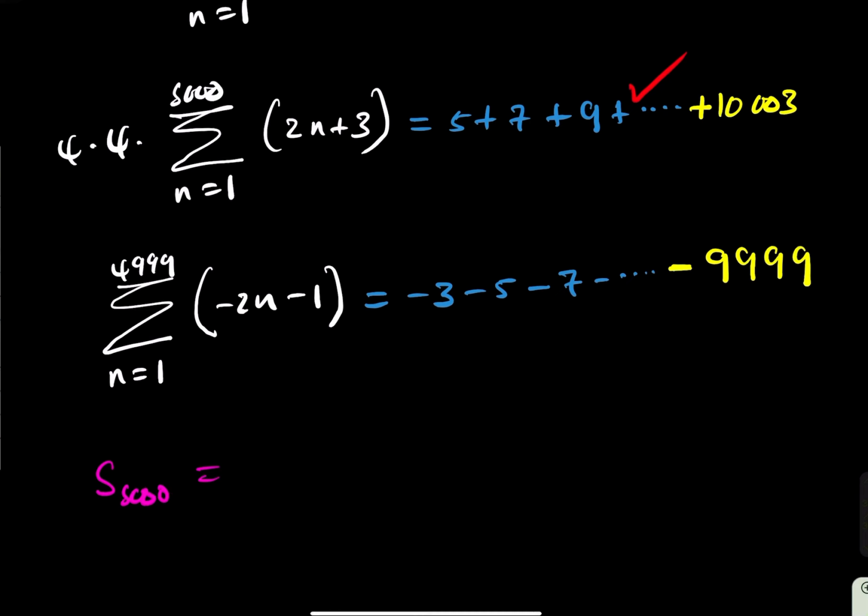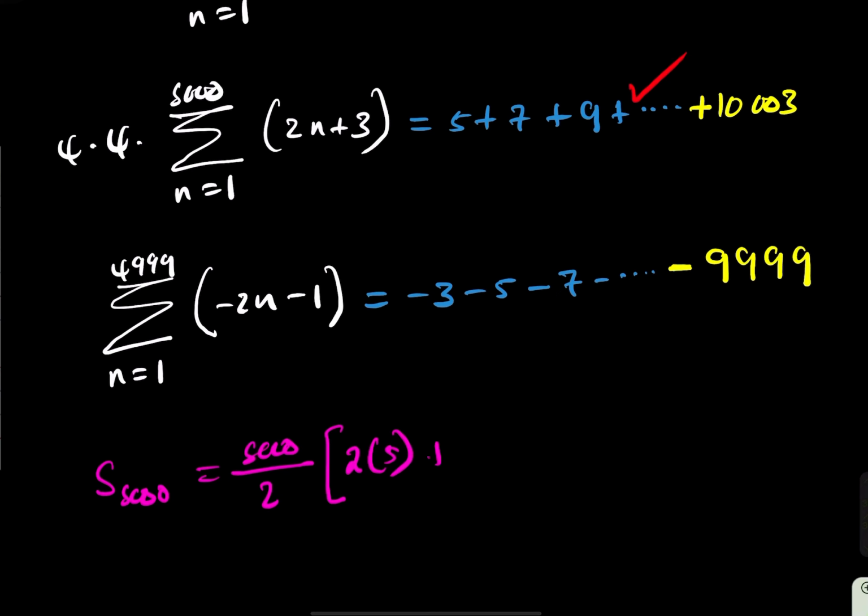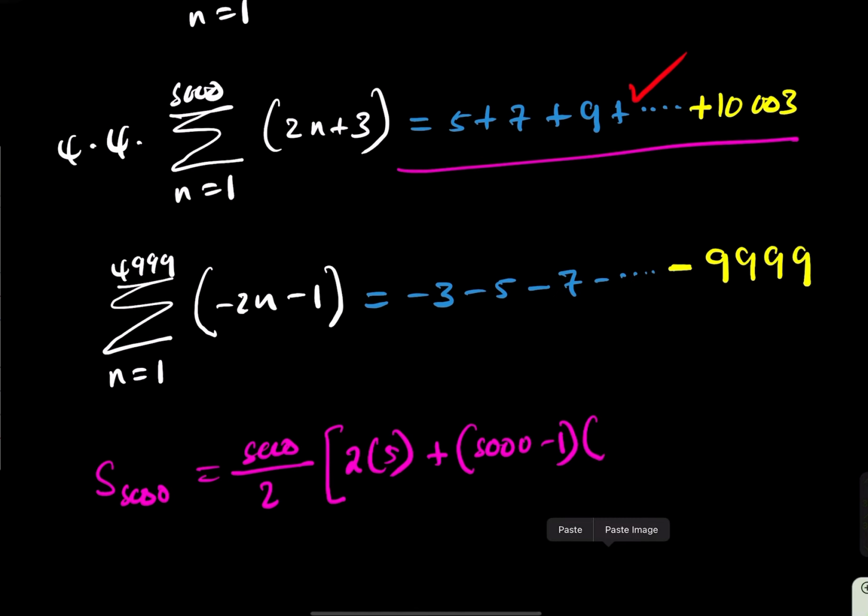So this is going to be 5,000 divided by 2 times 2a, where a is 5, plus n minus 1. So n is 5,000 minus 1, and then multiply by the difference of these ones, which is negative 2.